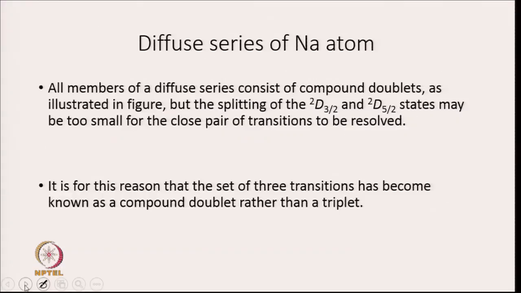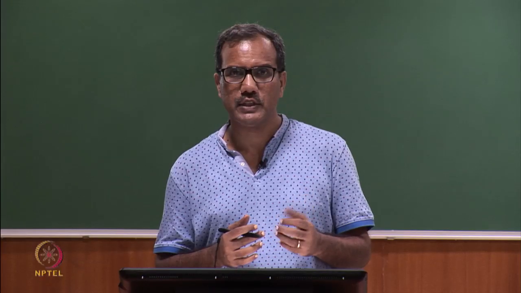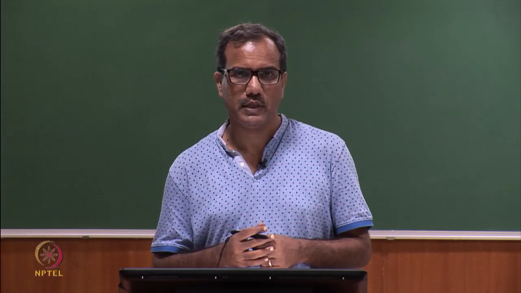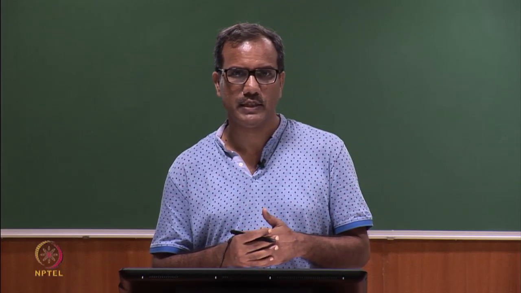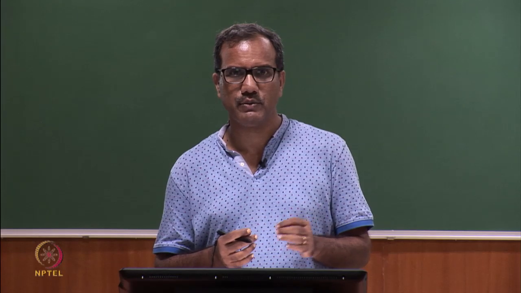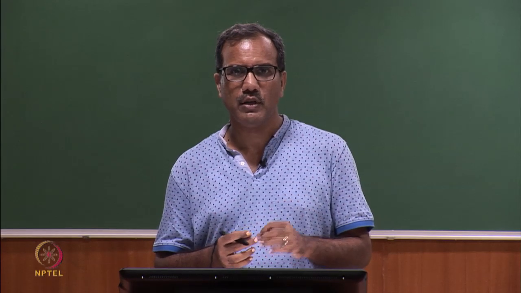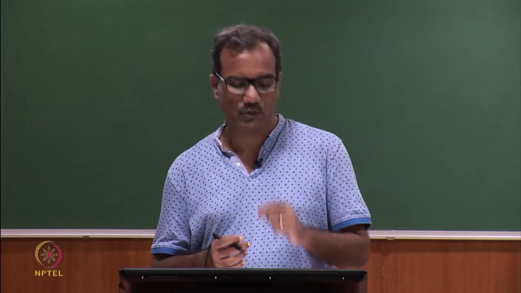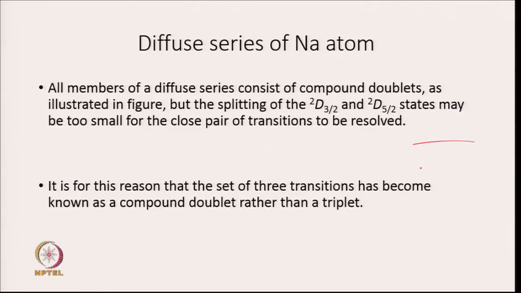Now, let us talk about the diffuse series of the sodium atom. All members of a diffuse series consist of a compound doublet, as I have shown in the previous slide, but the splitting of the 2d3/2 and 2d5/2 states may be too small for the closely spaced pair of transitions to be resolved. If you remember, I showed you that these two energy levels are quite close to each other.